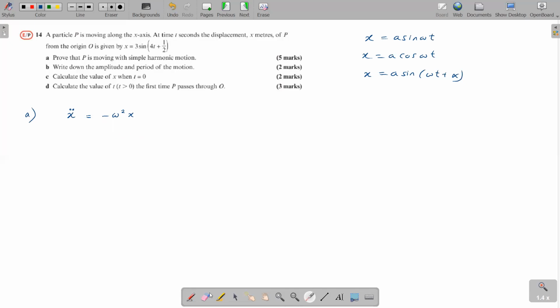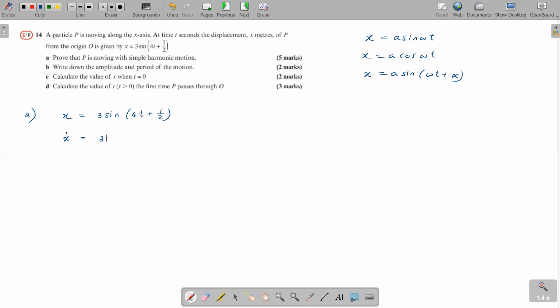So all you have to do is, the x equation is given, and you need to create the x double dot. We differentiate first once and we get the velocity, x dot.